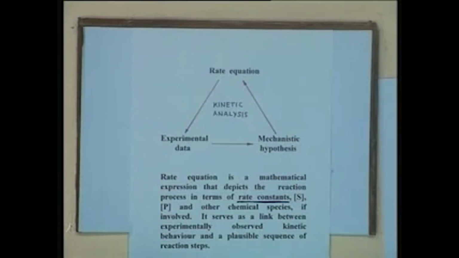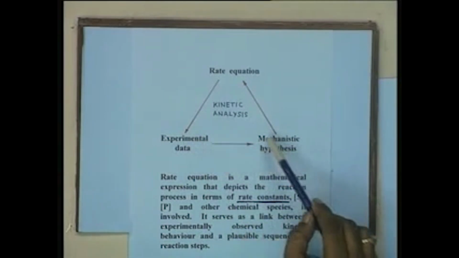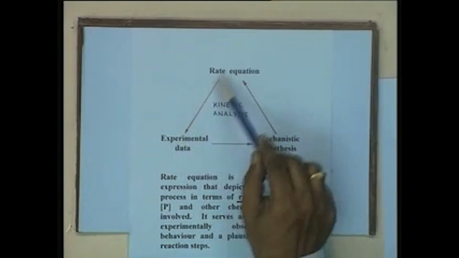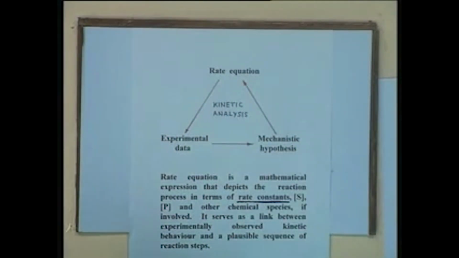It also serves as a link between experimentally observed data and the plausible sequence of reaction steps. So, these three steps are the critical steps in the study of any kinetic system, and of course apply to enzyme kinetics as well.